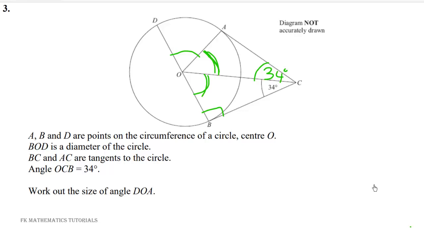Therefore, this and this should also be 90. So the angle COB is 90 minus 34, which is 56 degrees. So this one will be 56 degrees.